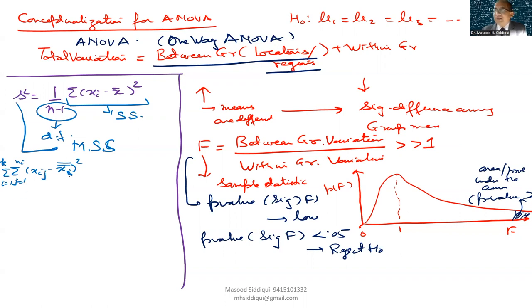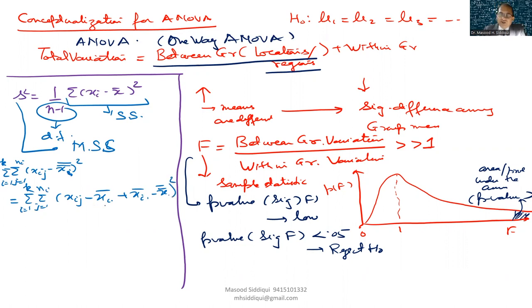Now we can always introduce a term, that is, i from 1 to k, j from 1 to ni, we have xij minus xi dot bar, which is the mean of a particular group, plus xi dot bar minus x double dot bar, whole square.